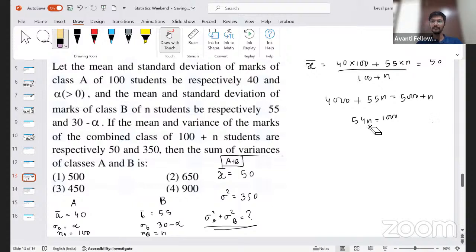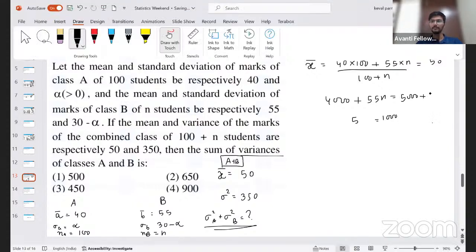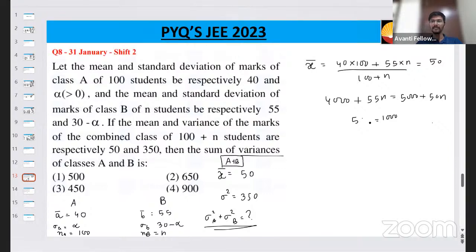Here it will be 50n, cross multiplied, right? 5000 plus 50n. So 5n will be 1000. So n will be 200. Right? So n will be 200.